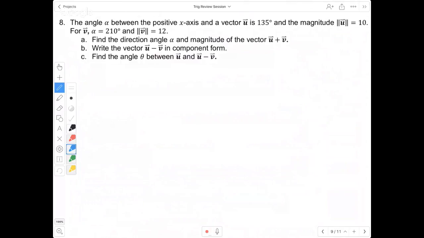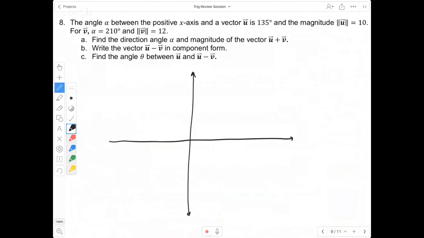So we had the angle alpha between the positive x-axis and the vector u is 135 degrees. So let's see. That's kind of a crooked y-axis and sort of a crooked x-axis.